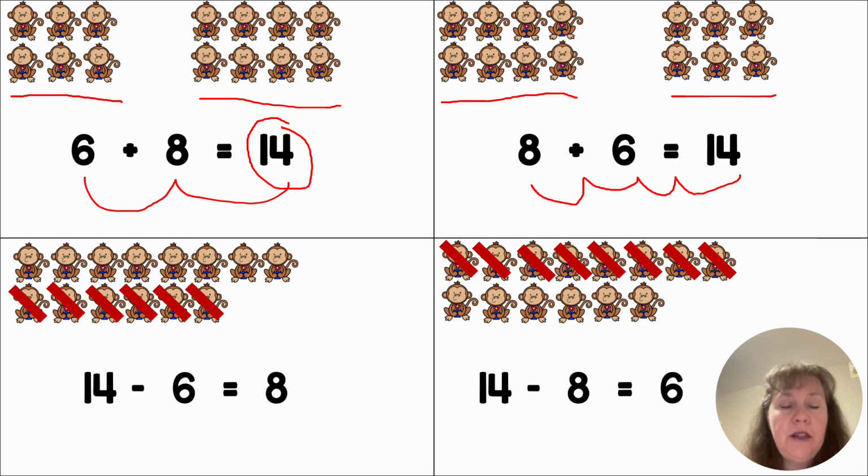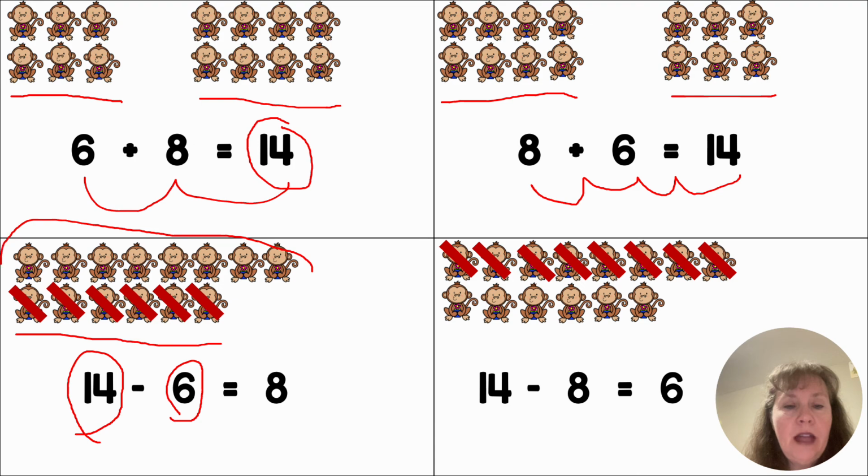Now we can just do the same thing like we did in the other examples. We're going to start with how many we have altogether, which is 14. And this time we're going to take away 6, and we can see that we've crossed out 6. And then here we have how many monkeys left? 8.